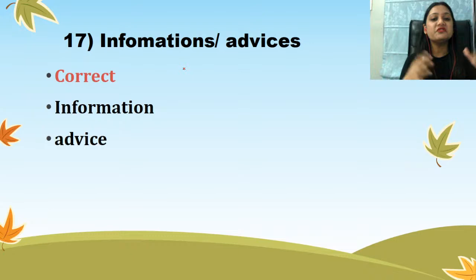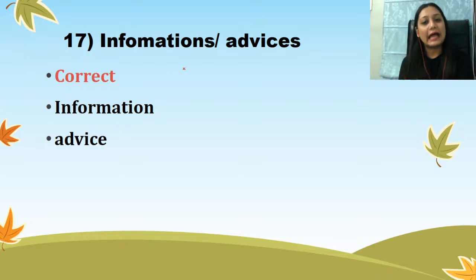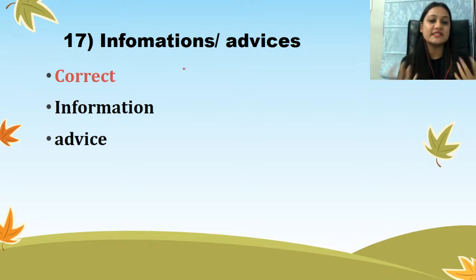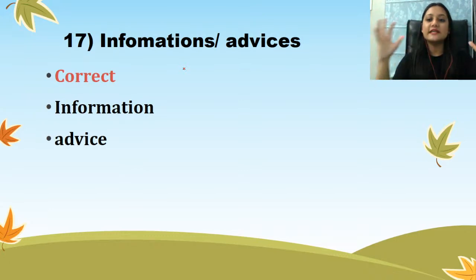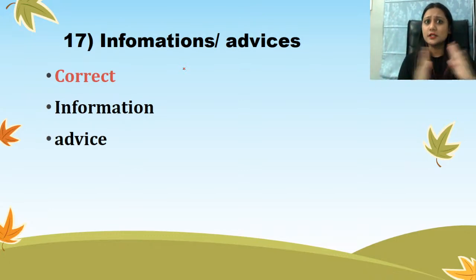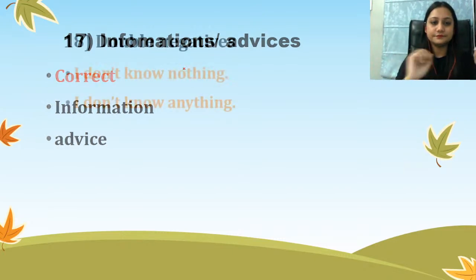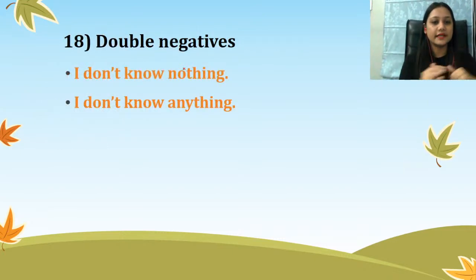Again, the plural for information and advice is information and advice. Don't try to give them a plural sense. It will simply be said as information or advice. No informations, no advices. Simply information and advice.